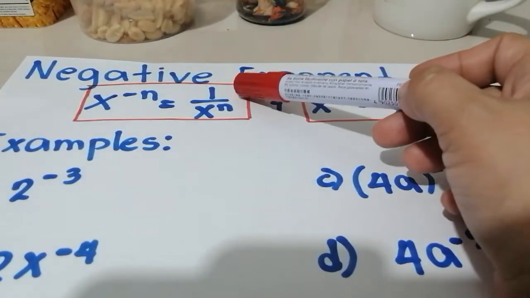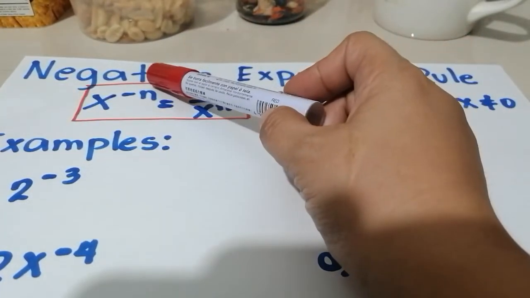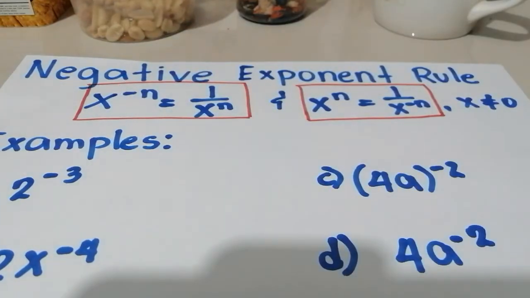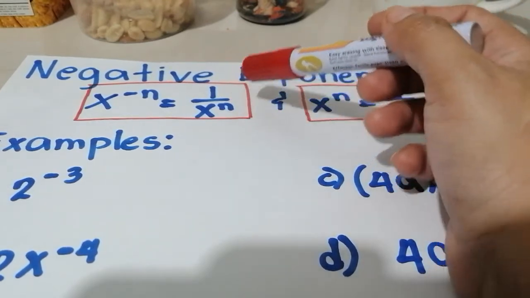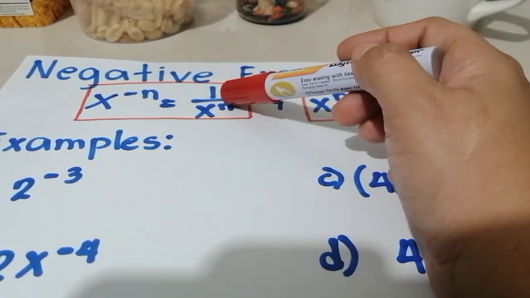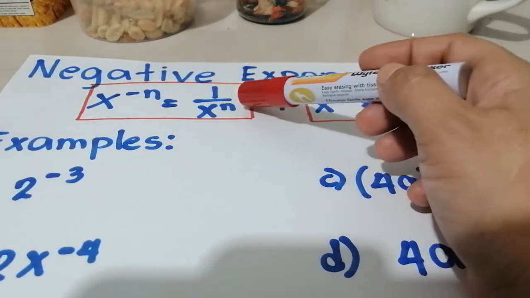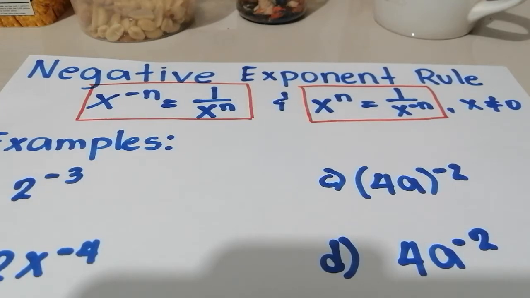Ibig sabihin, pag yung x mo o yung exponential expression mo dito is a whole number at meron siyang negative exponent, ang gagawin mo to make it positive, kailangan 1 over yung exponential expression mo with the positive exponent na. Kasi sa rule ng exponent, bawal ang magkaroon ng negative exponent. So, kailangan lagi mo yung isi-simplify.